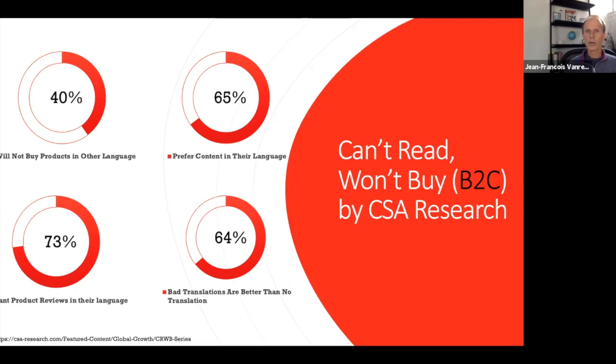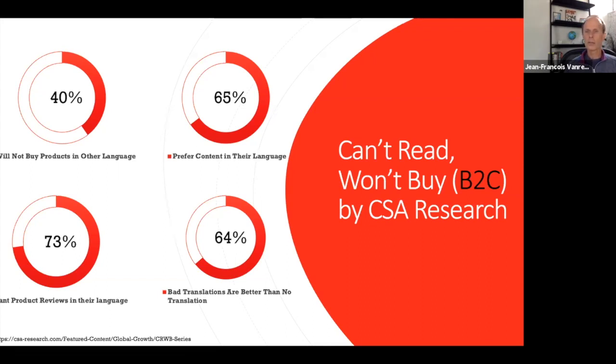A lot of consumers will also feel much more connected to a product if the user forums, and the conversation on the user forums, are in their language. They would maybe trust more the feedback from someone who speaks their own language instead of someone else. So this is another important aspect to consider: how do you deal with product reviews.